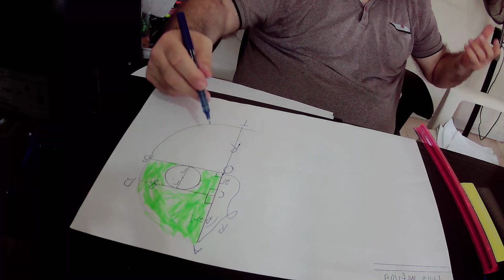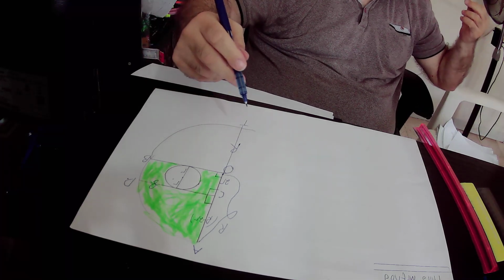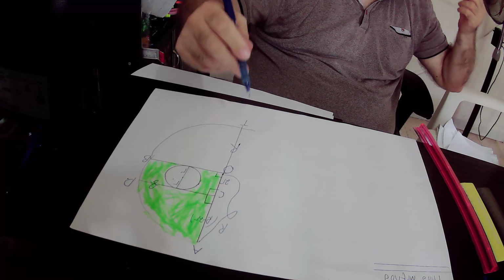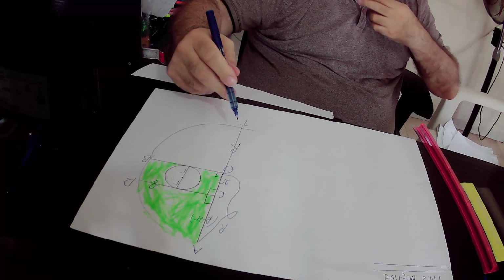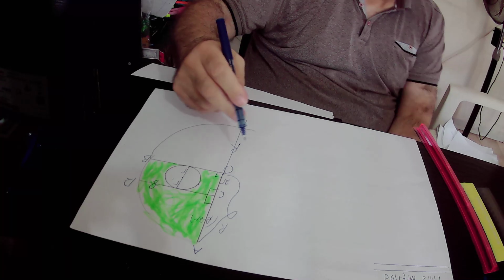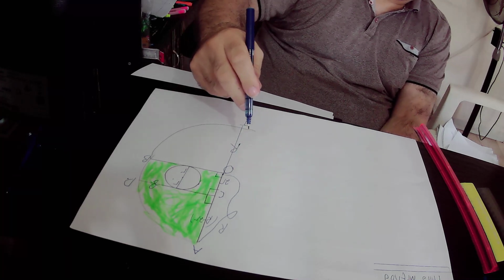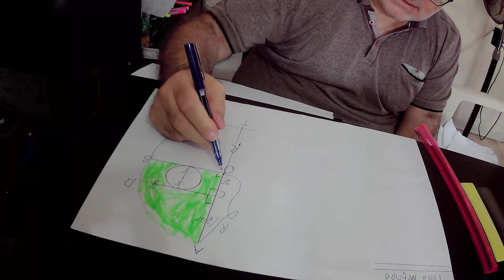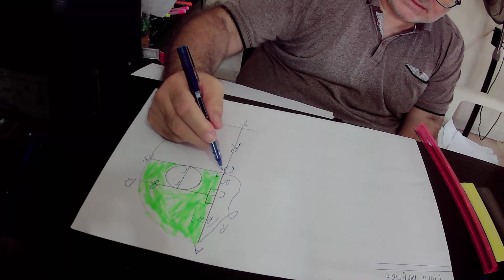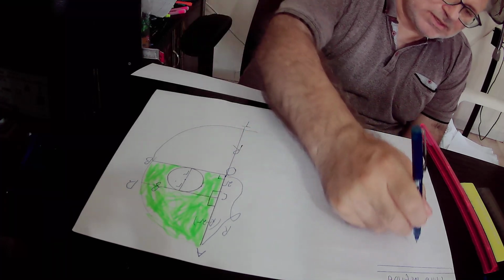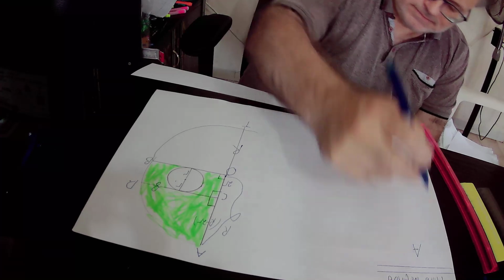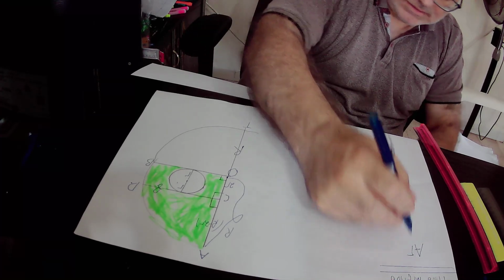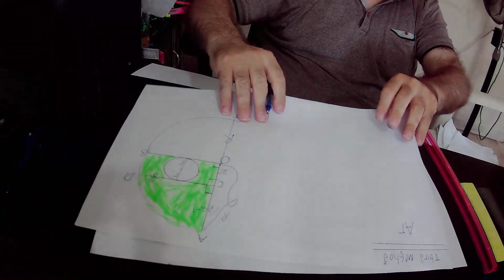Any chord that passes through the center of the circle or semicircle must be the diameter. Therefore, chord AT that passes through point O, the center of the semicircle, is the diameter of the semicircle. So I write it down that AT is the diameter of the semicircle.